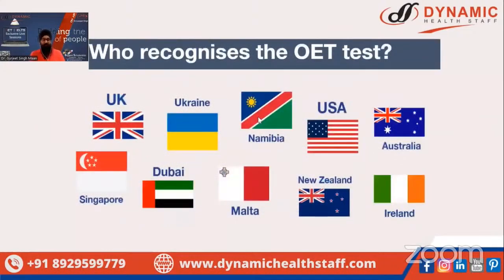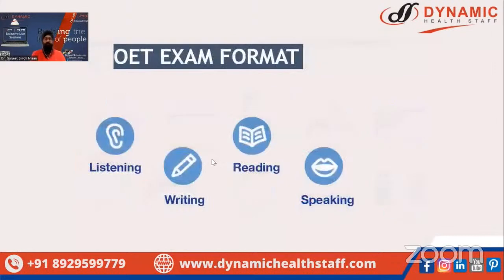These are the countries which accept OET as a minimum requirement for their work visas: UK, Ukraine, Namibia, USA, Australia, Ireland, New Zealand, Malta, Dubai, Singapore, and so on. These all recognize OET. Now, coming to the format, there are four basic modules.